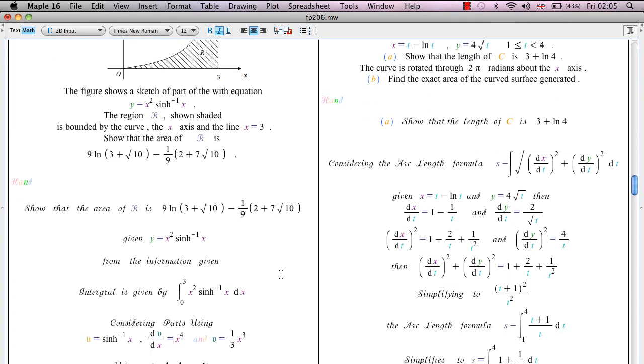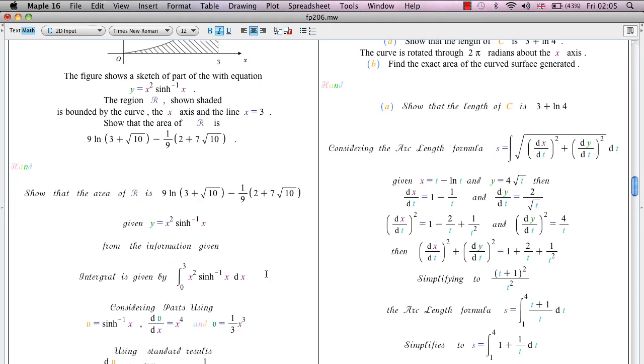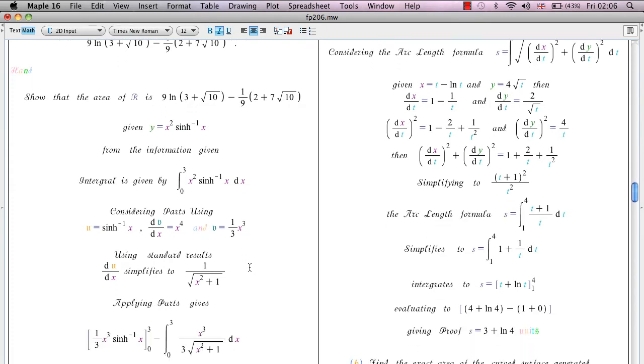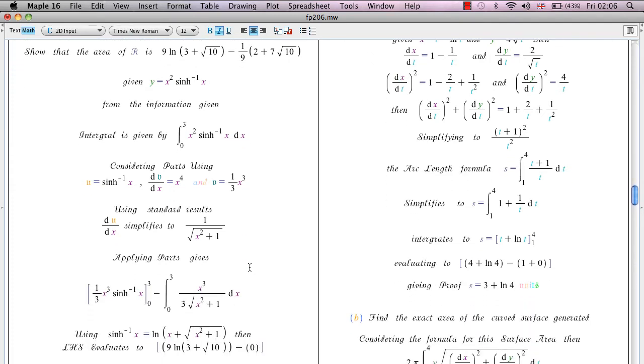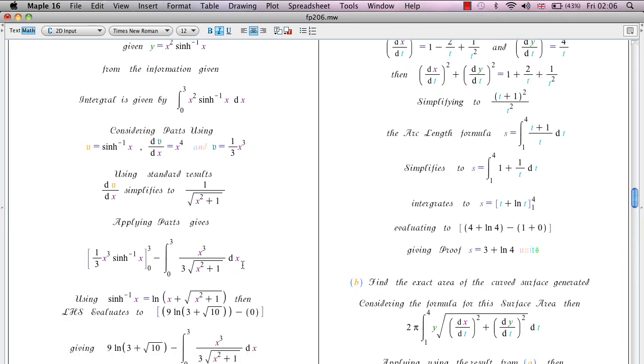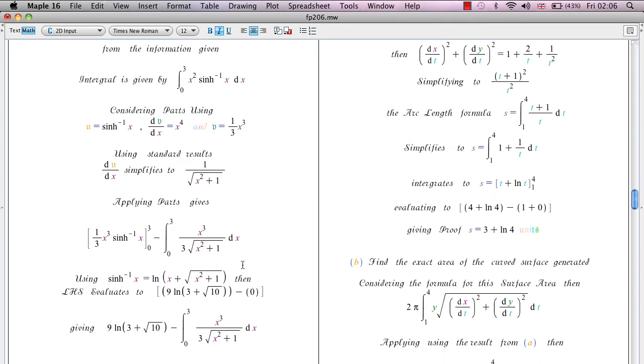So considering the integration, considering parts where u equals the inverse sine x, considering the differentiation for inverse sine functions for du dx, applying parts and substituting the ln definition for sine minus 1 functions, the left hand side evaluates to here.